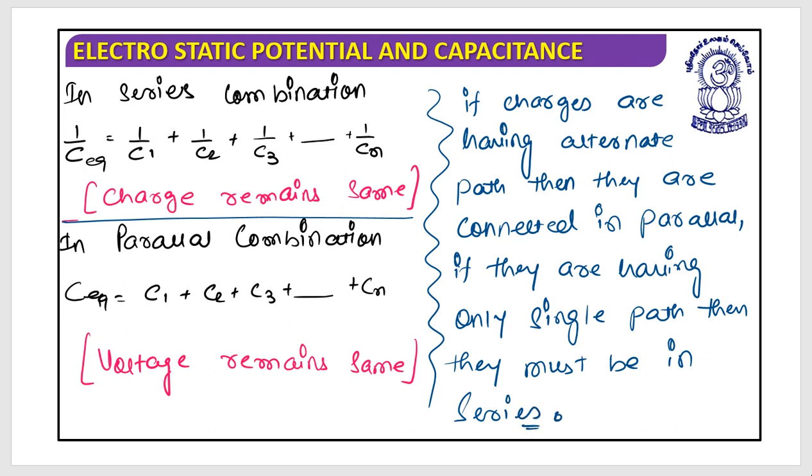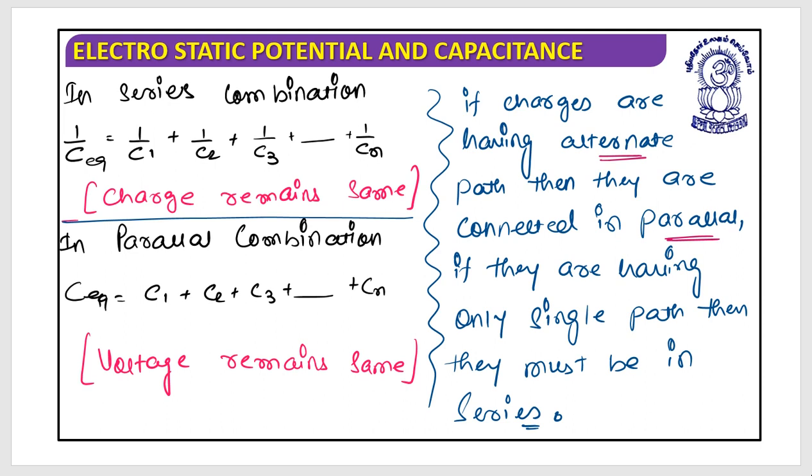That how can I say that certain capacitors are connected in series or certain capacitors are connected in parallel? So what I need to think is, do my charges have any alternate path?